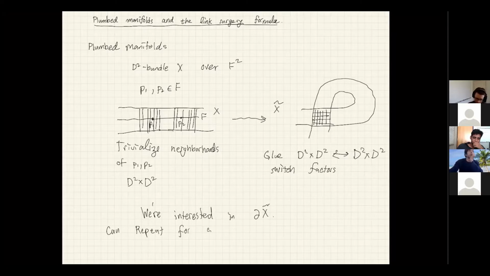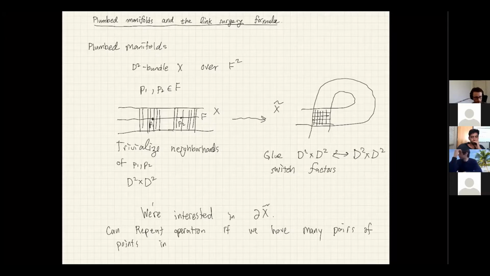We can repeat this operation for any collection of pairs of points. We have many pairs of points in F.